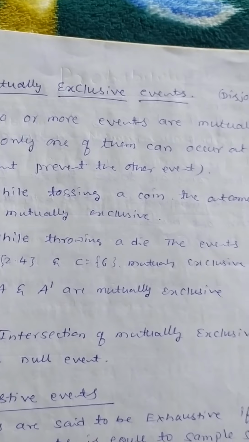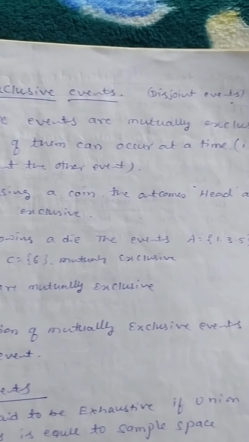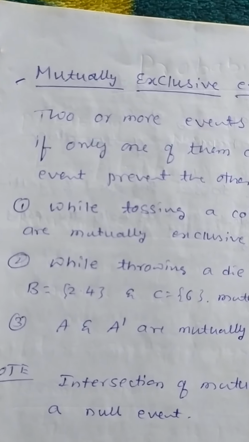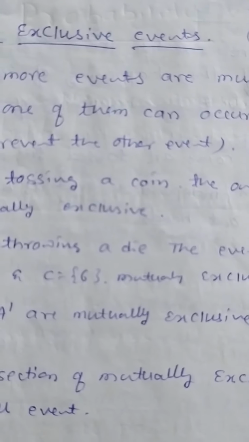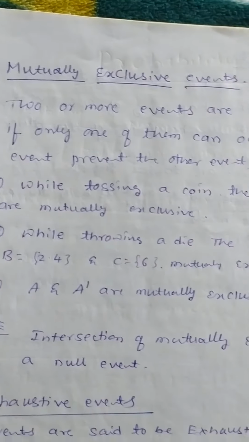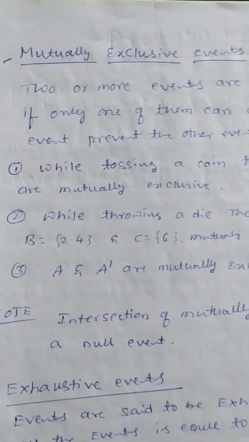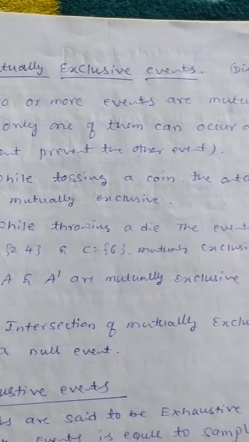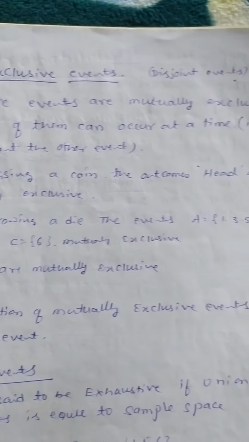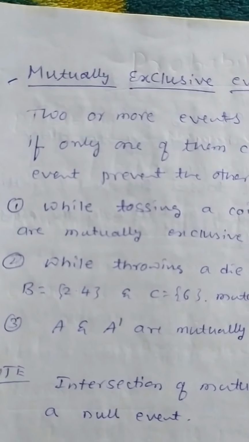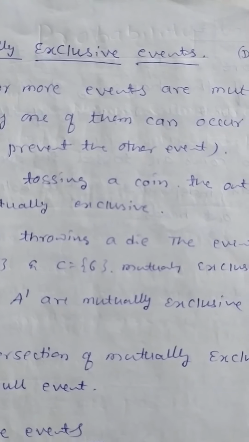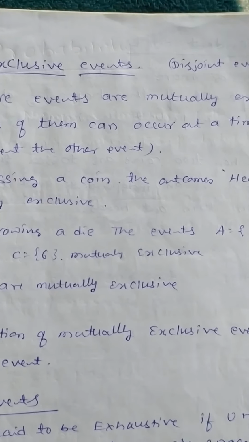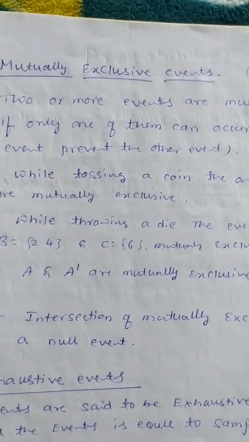While throwing a die, the events A is {1, 3, 5}, B is {2, 4} and C is {6}. There are no common elements among A, B, C. All three subsets contain different outcomes. Therefore, A, B and C are mutually exclusive, meaning disjoint.